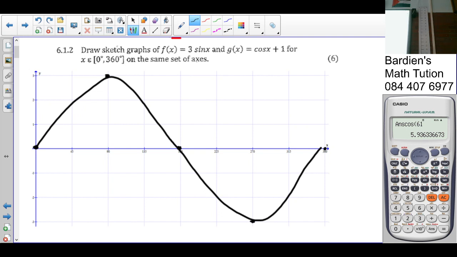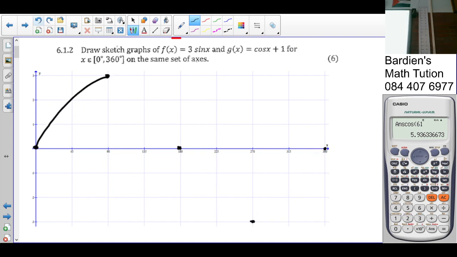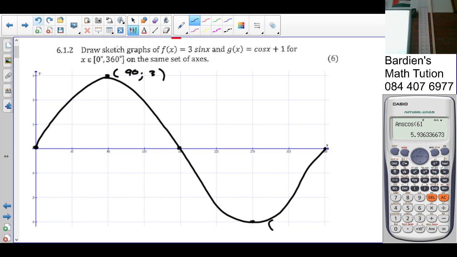Whoops, that's not a good one. Importantly, I must write in the turning points: 90 and 3, and this is 270 and minus 3. This is on the axis here, so I don't have to write that in coordinate form. So that is f of x.